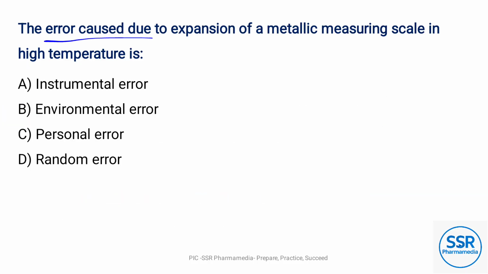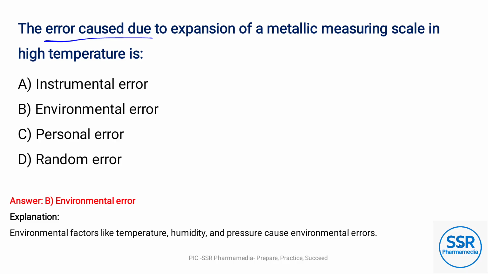The error caused due to expansion of a metallic measuring scale in high temperature is a type of environmental error. Environmental factors like temperature, humidity and pressure cause environmental errors.